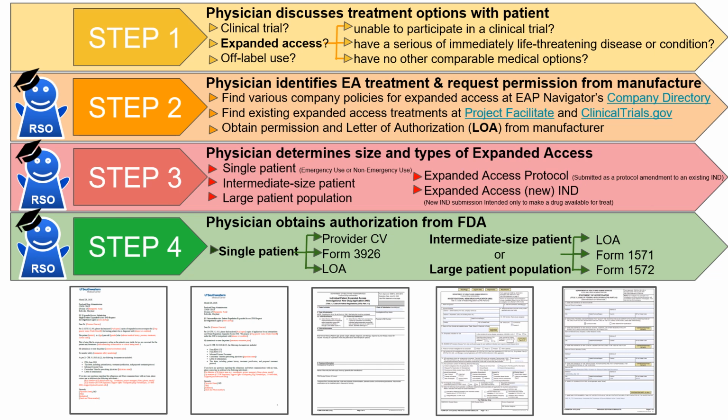Then step 4 is to request authorization from FDA. It's pretty straightforward, and all required forms and cover letter templates are available on our website, and then we will send all these required documents to you to fill out.